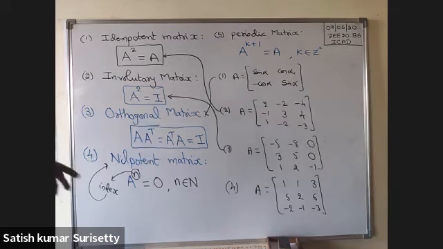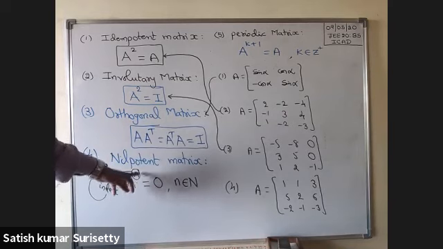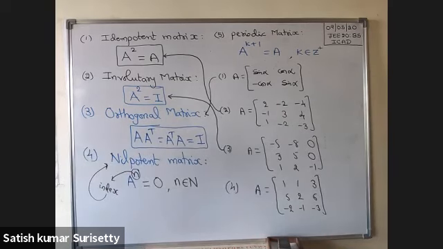Try for A cube after calculation of A square, because you have to go on calculating, because A to the power of n is 0 for some n belongs to N. Once you get 0 for some n, after that onwards it will be 0 only. Calculate A cube, all of you.